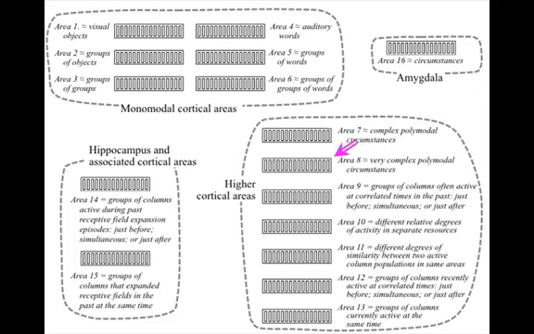Then there are areas detecting even more complex receptive fields. These receptive fields may be defined by combinations of inputs from combinations of areas that could include both monomodal and other polymodal areas. Again, there'll be a number of areas of this type, but just one is illustrated.